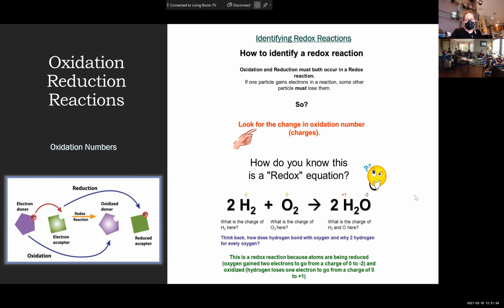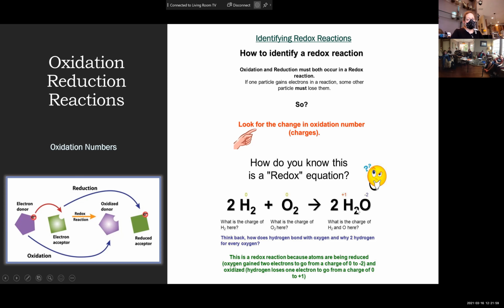If you look at this one, it says, how do you know it's a redox equation? Right here you've got your 2 hydrogen pairs. What is the charge of H2 here? That's a 0. And what is the charge of oxygen here? That's a 0.